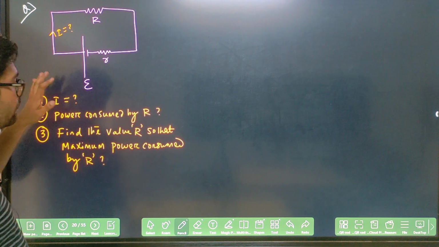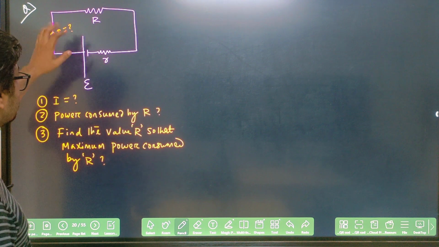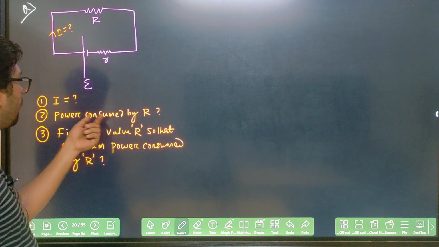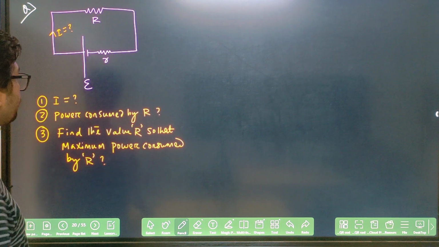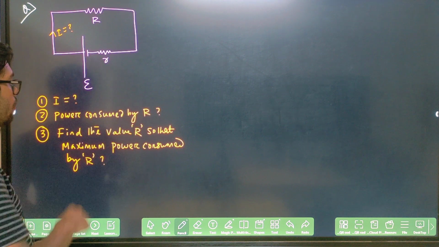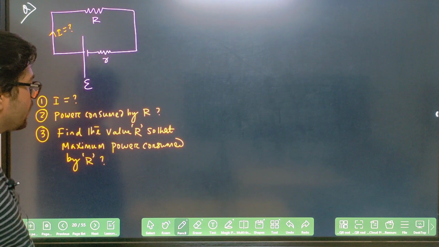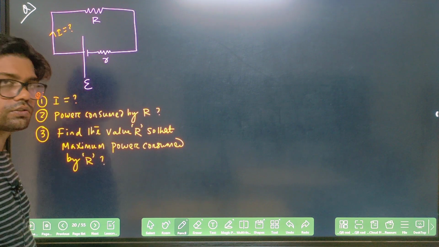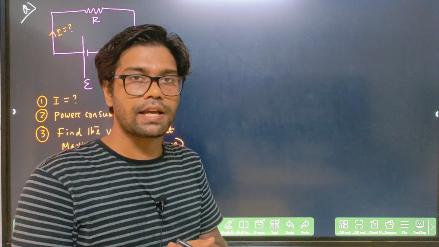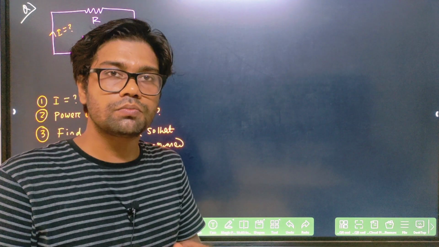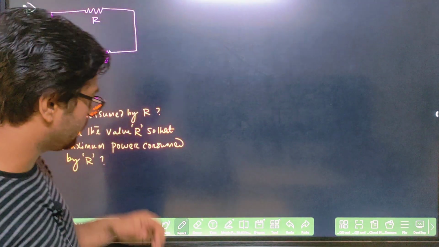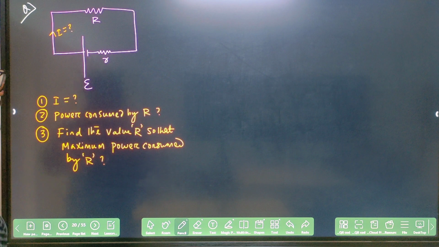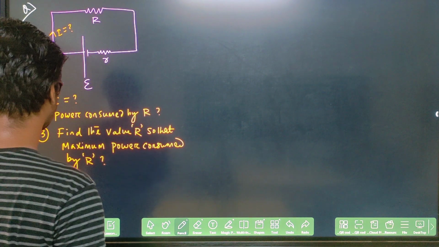First one is to find out the current value in this circuit, and the power consumed by the resistor R, and find the value of resistance R so that the maximum power is consumed by the resistor. So you have to find out a value of capital R so that it will consume maximum power, right? Okay. This thing you have to find out.